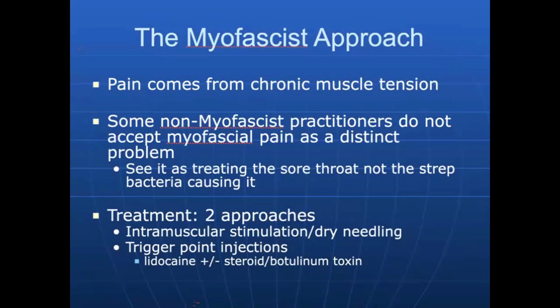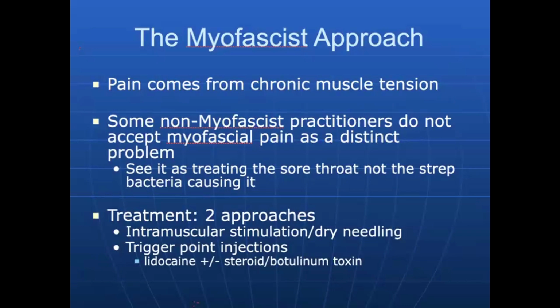And they see treating it as akin to treating a sore throat, but not treating the bacterial infection that's causing it. So in other words, you're treating the symptom and not the cause. I understand why people think that, but for some people, if you can treat the soft tissue muscle fiber shortening, you can effectively treat the pain without having to do anything more aggressive.